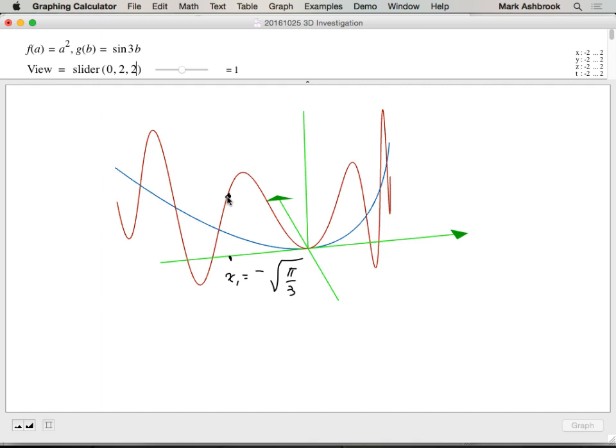So I want to pick this point right here. So now I'm going to call this x value x2.